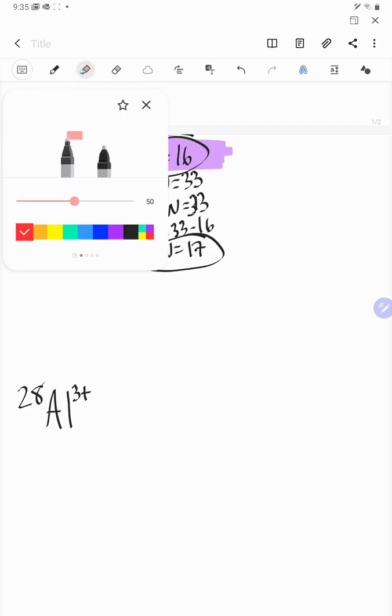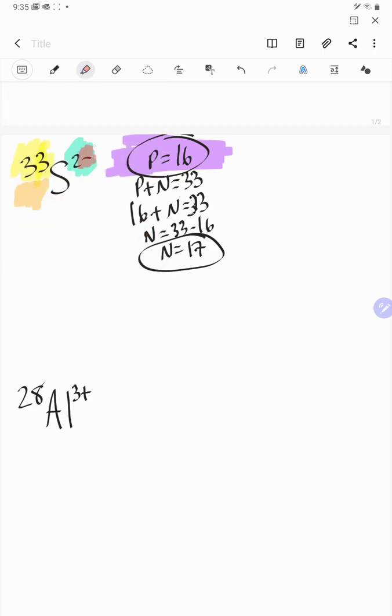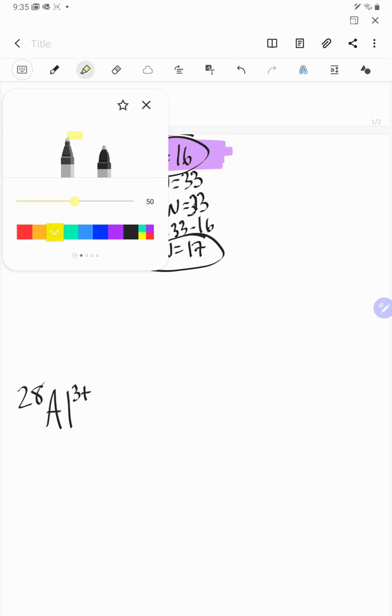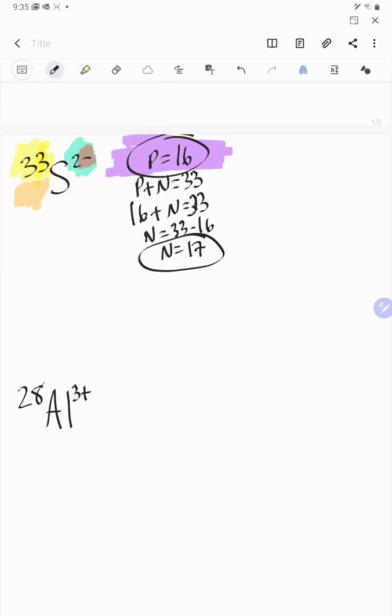That's really important information. So that tells us that the number of negative charges is greater than the number of positive charges. There are more negative charges than positive charges, and that's why we have an overall negative charge.